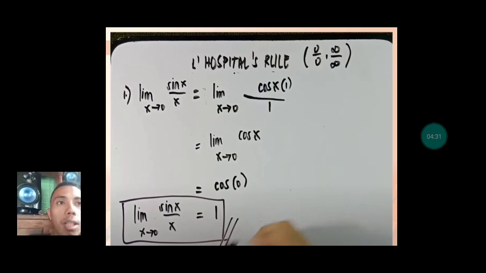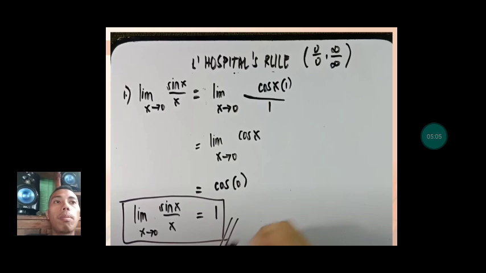So, in simple form, cosine x over 1 is just the same as cos x. When we get the cos x, that's the time we substitute 0 as x, and we all know that cosine of 0 is just 1. Therefore, the final answer is that the limit of sine x over x, where x approaches 0, is equal to 1.